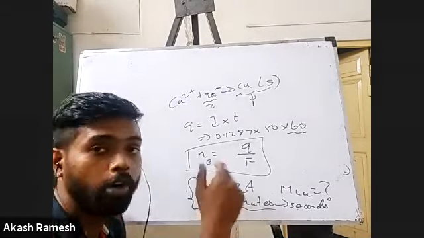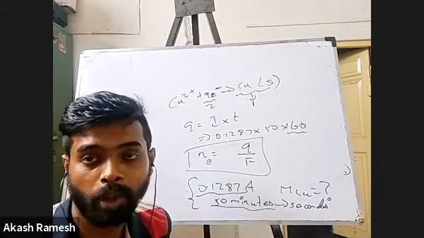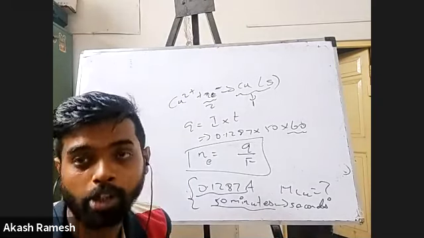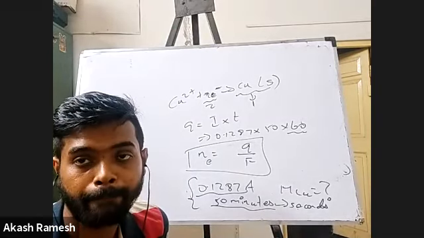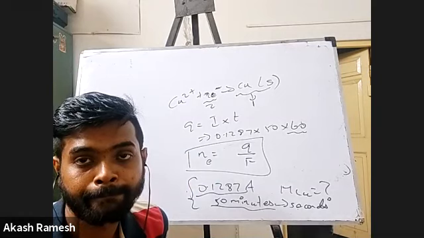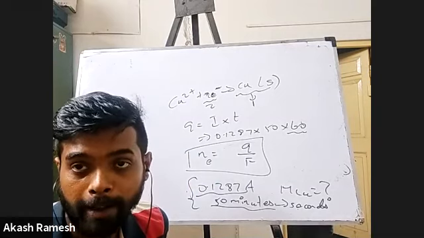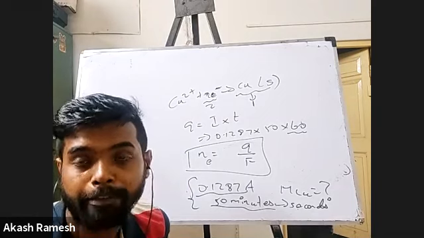Number of moles of electron is equal to Q divided by F. You know what is F? How do you define 1 Faraday? What is 1 Faraday? I'm not asking you the value. What is the definition of 1 Faraday? 1F means what?